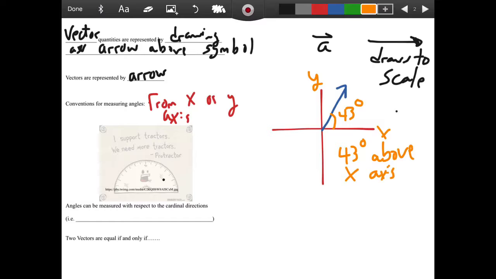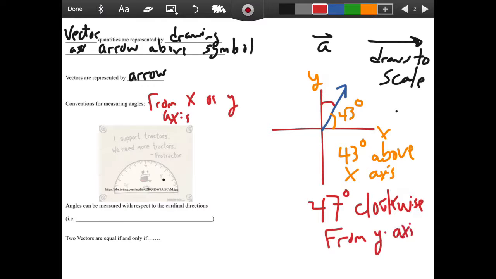I personally wouldn't, but you could also say 47 degrees clockwise from the y-axis. You could also say 43 degrees counterclockwise from the positive x-axis, and so on.